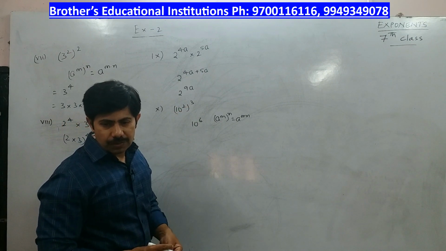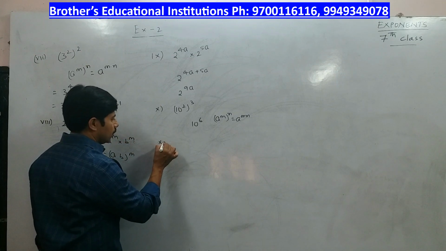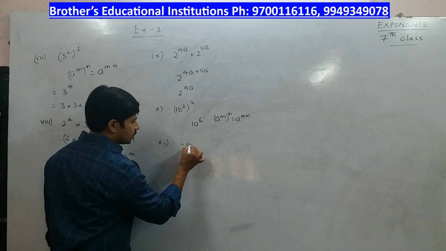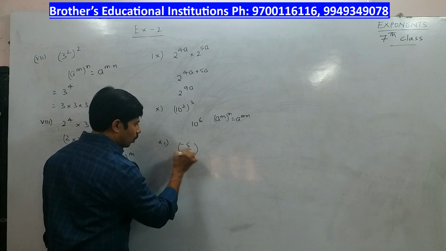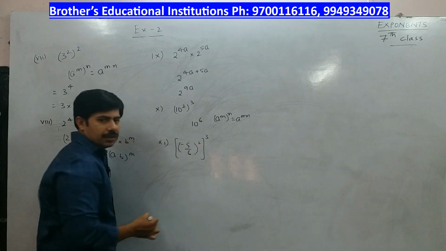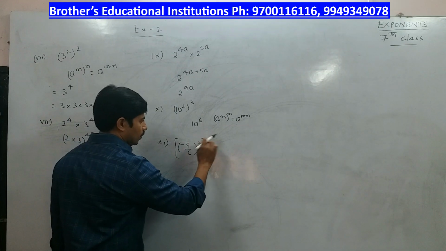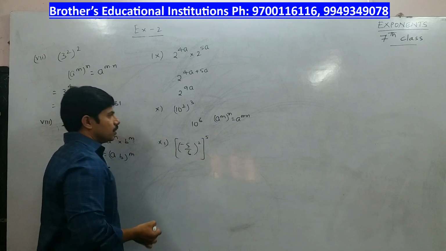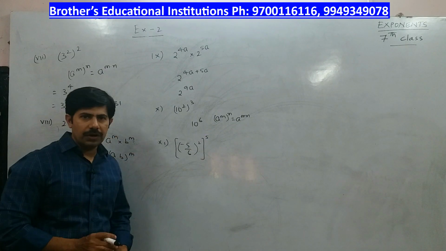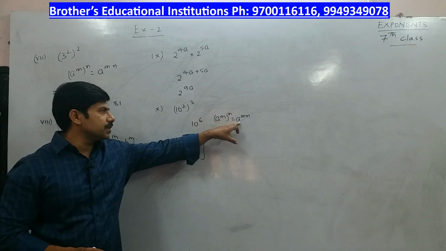So next one is minus 5 by 6 whole square, whole power 5. Sorry, it is not 3, it is 5. So first we apply this exponent law: a power m whole power n is a power mn.